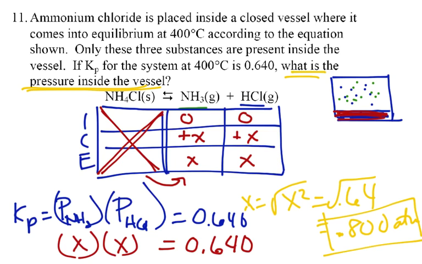I can say, there, I'm done, let's go on to the next problem. And I would get it wrong, because that's the partial pressure of my HCl, and it's the partial pressure of my NH3. If I have both of those gases mixed up in my container, the total pressure is going to be 2 times 0.800. So my actual answer that I would want to report is 1.60 atmospheres.